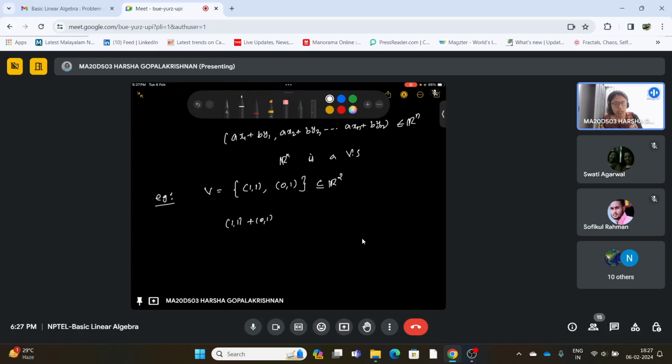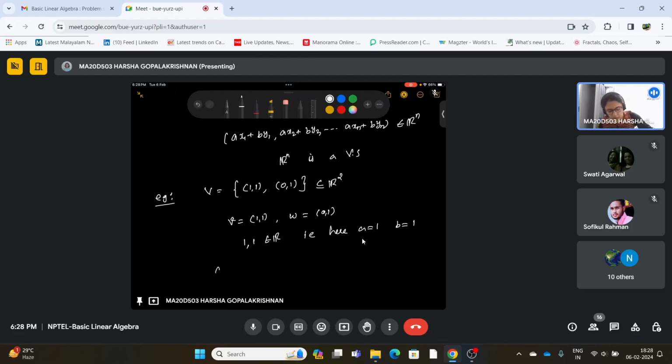Here I am taking two elements from the set V, a subset of R2: v equal to (1,1) and w equal to (0,1), and two scalars, a equal to 1 and b equal to 1, belonging to R.